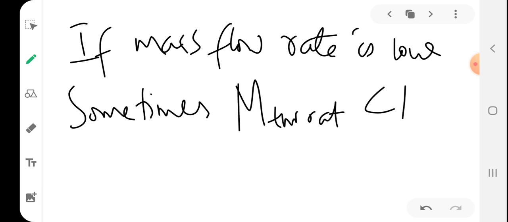You have to note that the maximum possible value of the Mach number at the throat is 1. Sometimes, due to a decrease in flow rate, the Mach number at the throat can be less than 1, keeping the entire flow subsonic.